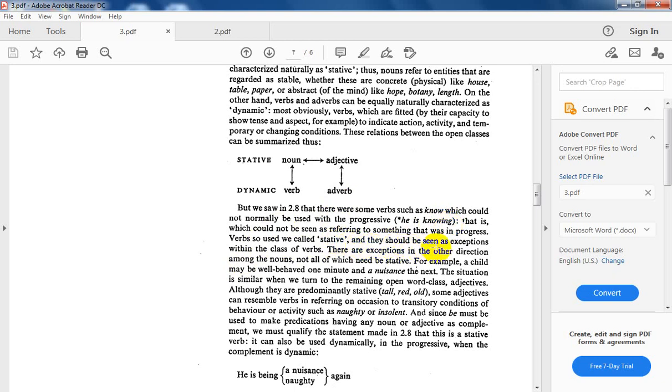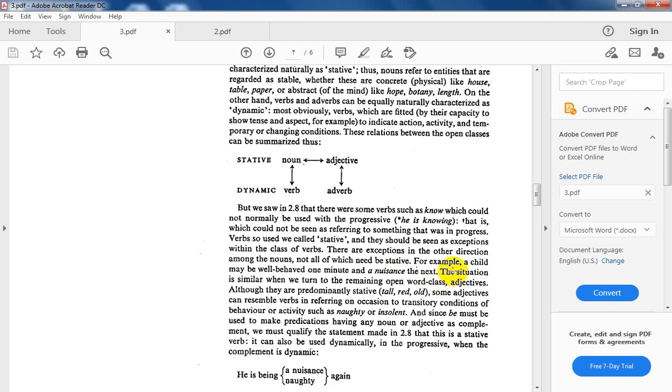They should be seen as exceptions within the class of verbs. There are exceptions in the other direction among the nouns, not all of which need to be stative. We said nouns are stative, but not all nouns are stative.